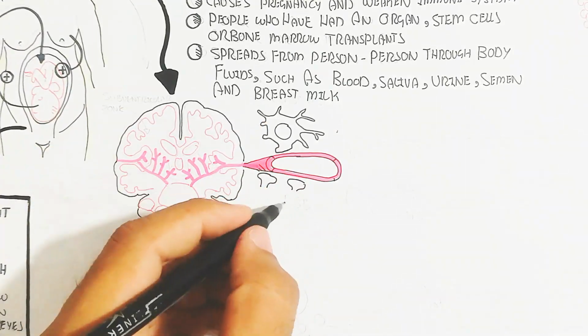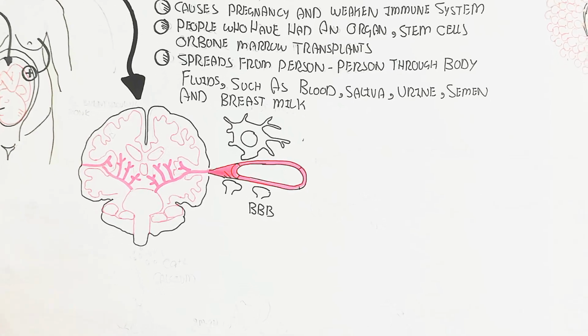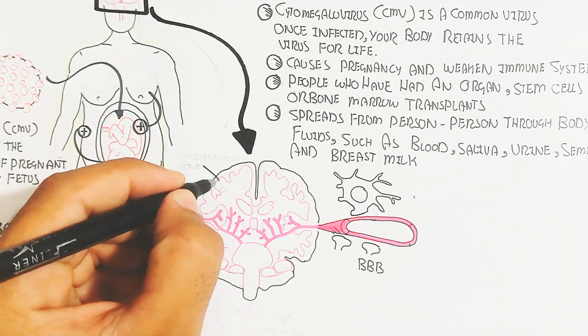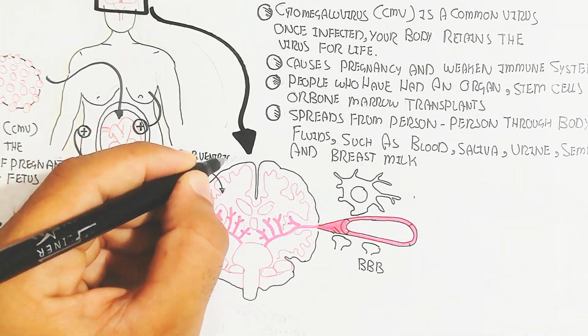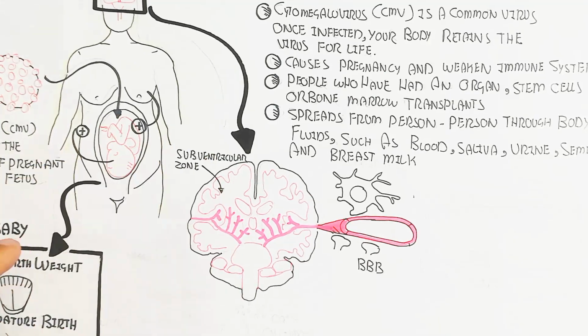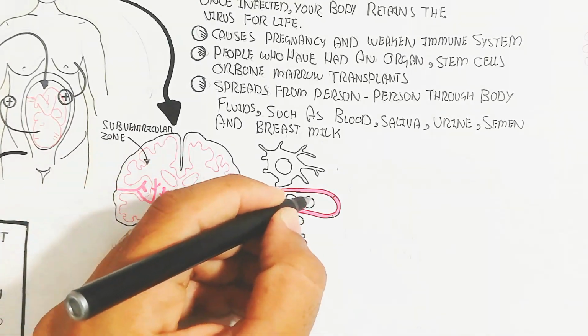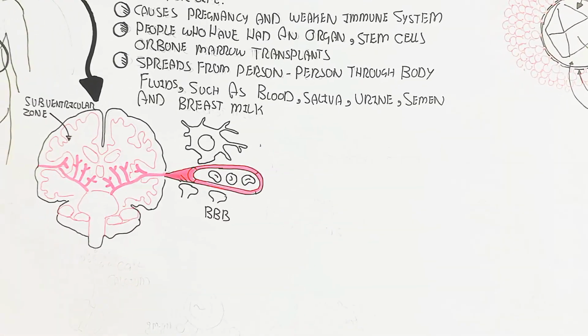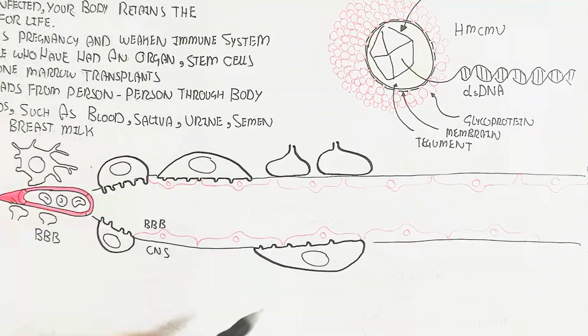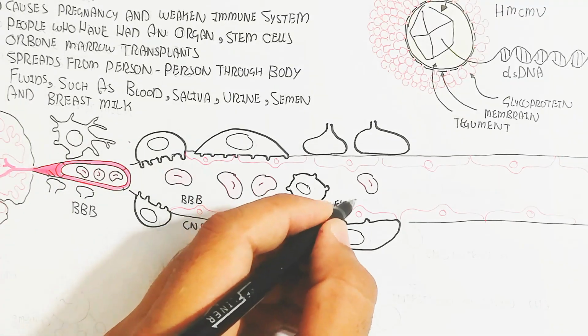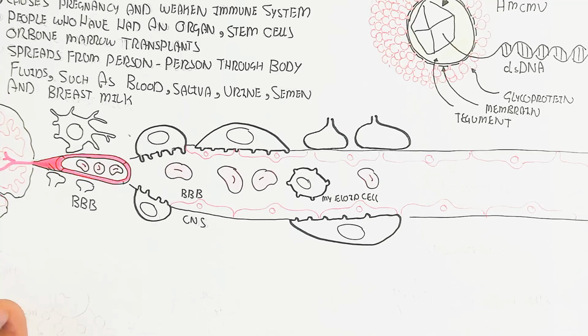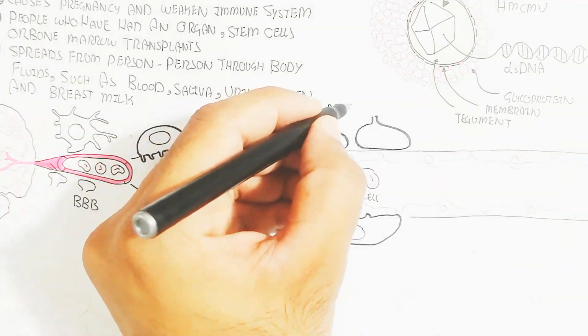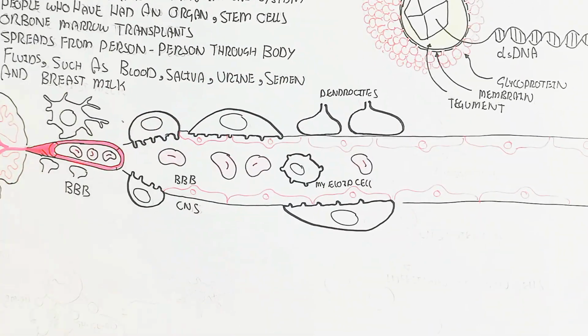This is the blood-brain barrier, and this is the subventricular zone. Inside is the blood supply to the brain, which contains the blood-brain barrier. This barrier does not allow pathogens to invade the brain, nor other things besides nutrients.